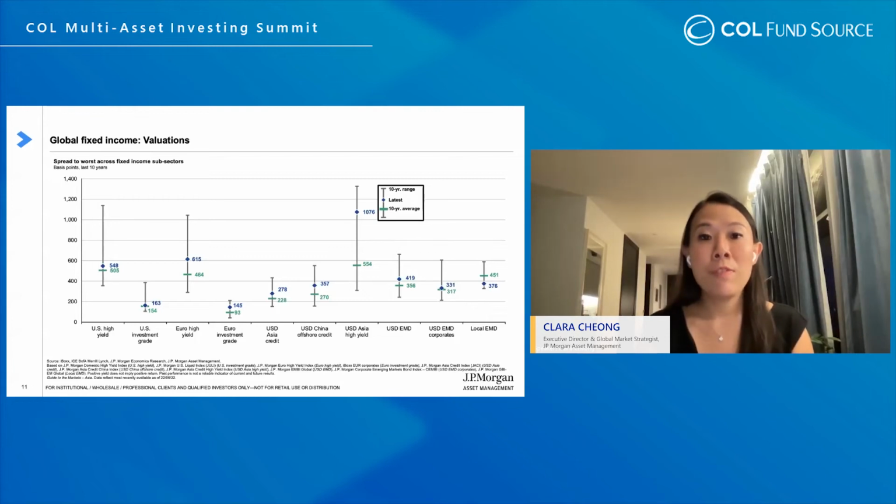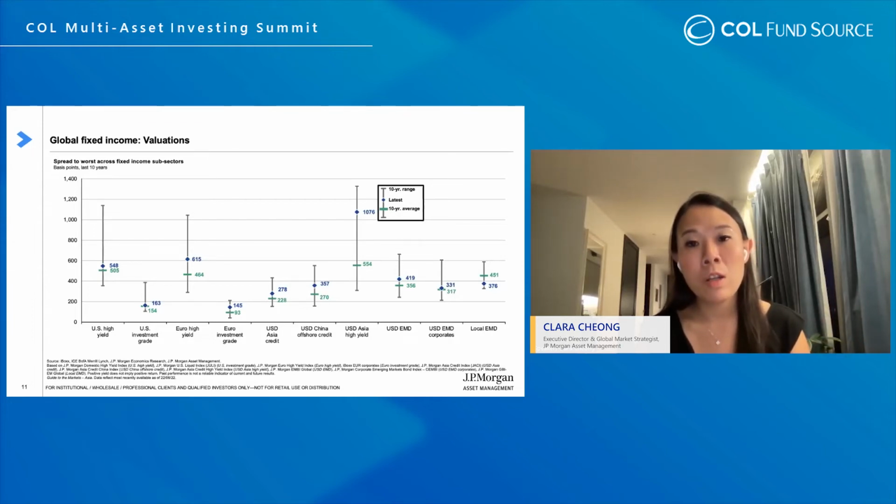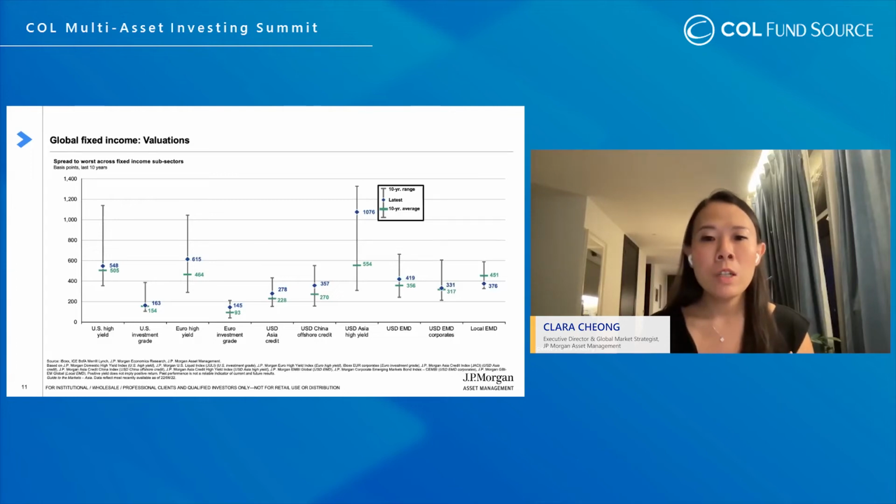From a valuation perspective, which is what this slide is trying to show, things are starting to look attractive again, both in credit as well as in rates. If you recall, one of the market expectations charts that I had shown earlier was on rate hike pricing. Over here, we do like US high yield, and we continue to expect that the default environment will remain quite benign.